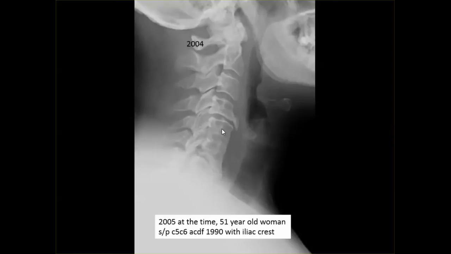They felt that there was evidence that you did not need a plate and screws for one level. At that time, the locking systems weren't as good, and there was a high incidence of the plate and screws backing out. So many people didn't use it. Let's just leave it at that. The surgeon who did it was an older surgeon who was not comfortable with plates, so he put it that way in 1990. This is a long time ago.